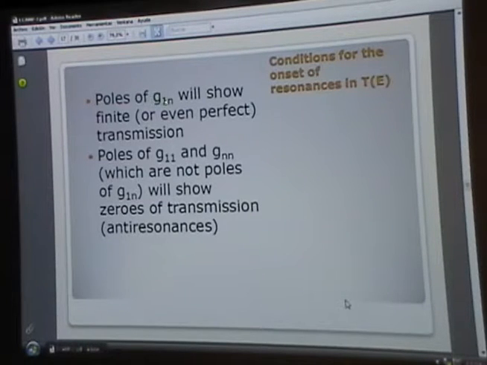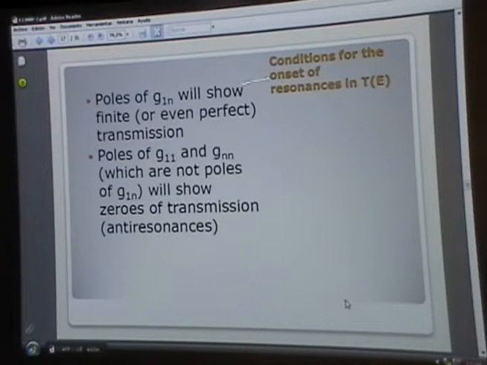This G1n means that it is the element 1n of the Green function, where 1 is one of the sites connected to the left electrode, and n is the site connected to the right electrode. That is, for our two configurations, n should be 3.